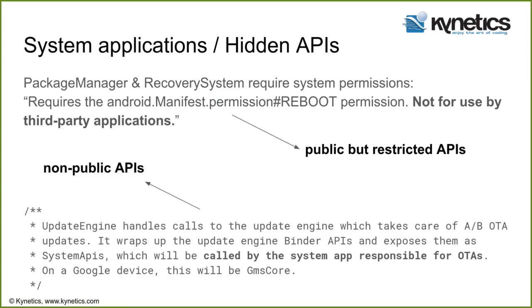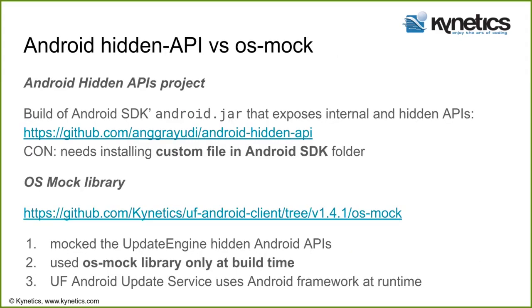Again, we mentioned that there are two different types of system APIs. The package manager and the recovery system are public but restricted, whereas the update engine is not public. Initially we used a custom Android SDK that allowed us to access those APIs, but it was inconvenient because we had to copy a file inside the Android SDK folder.